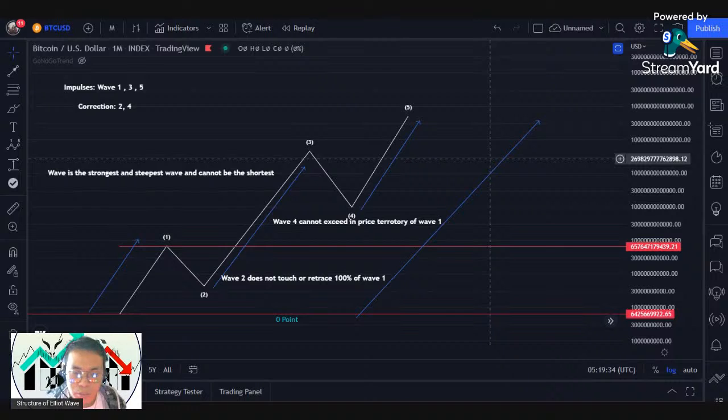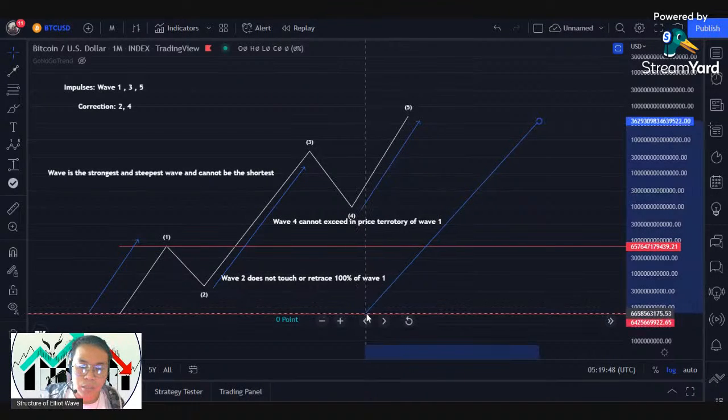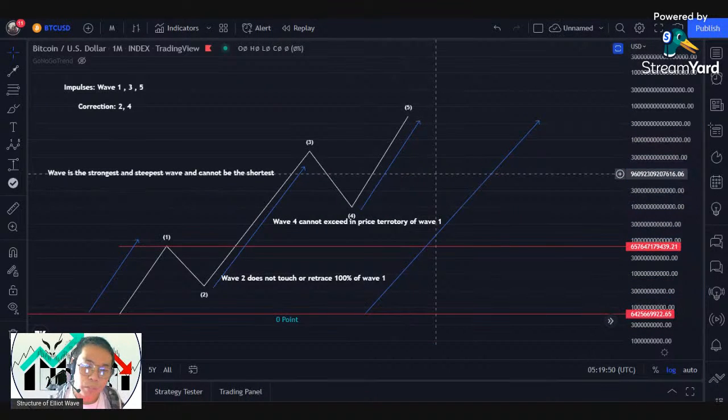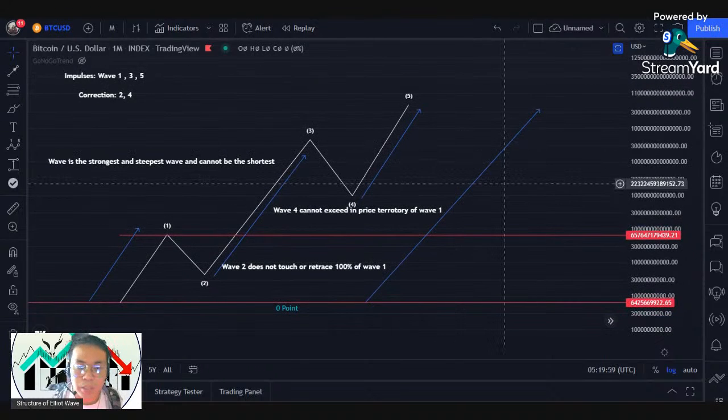Also, there are some indicators that agree with the movement of Elliott wave and support it, just like MACD. They can support your entry and exit through reading of the market with Elliott wave, and it can help you to decide if you're going to enter or exit the market. Okay, so this is the basic structure of Elliott wave.